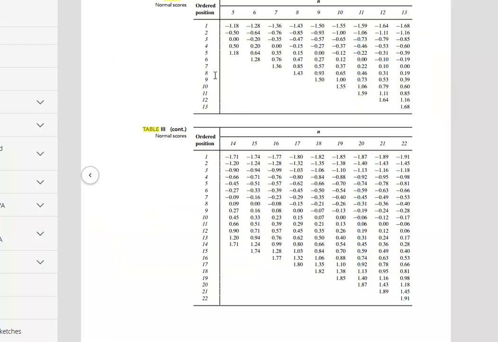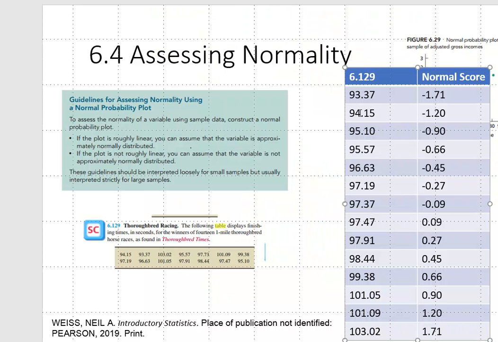The way we use this table is, given a certain value of n, we can determine the scores for the observations that were given. In our example, we count 1, 2, 3, 4, 5, 6, 7, 8, 9, 10, 11, 12, 13, 14.